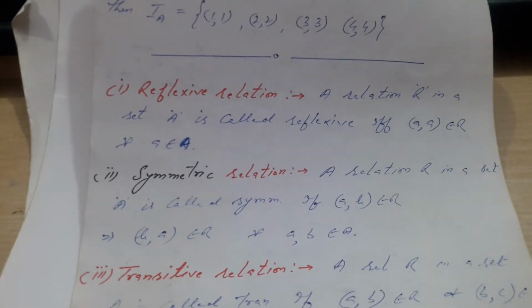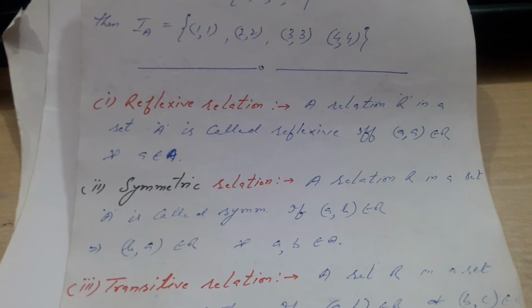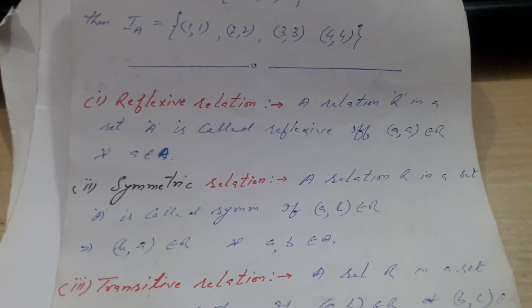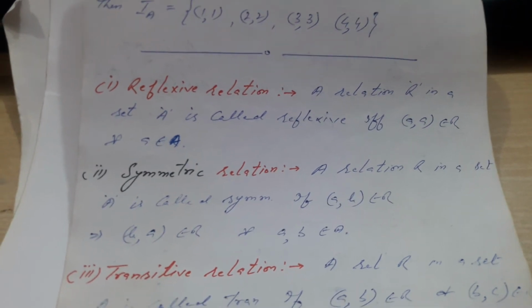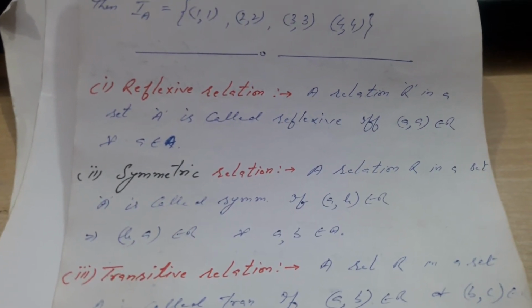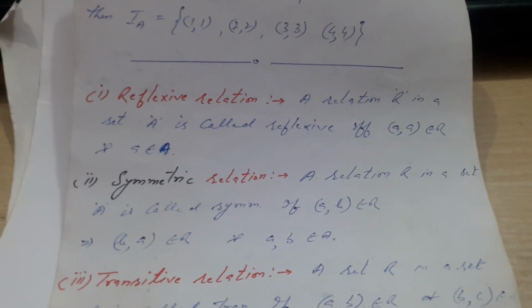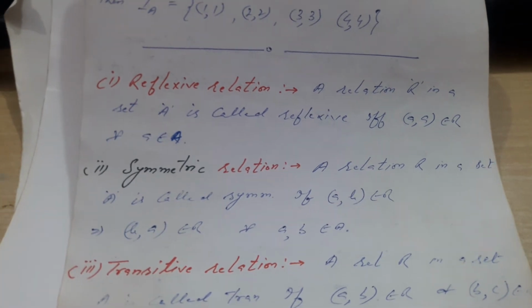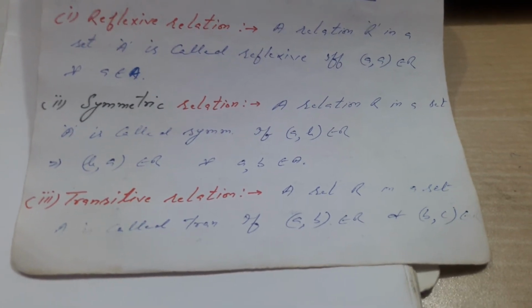So for the symmetric relation, it is very important: if (a, b) belongs to R, that is, this pair belongs to that set, then (b, a) also belongs to R, and that is called symmetric. For example, if (2, 3) belongs to R, then (3, 2) is also in that set, that is called a symmetric relation. Okay, after this, see the very important relation, the transitive.